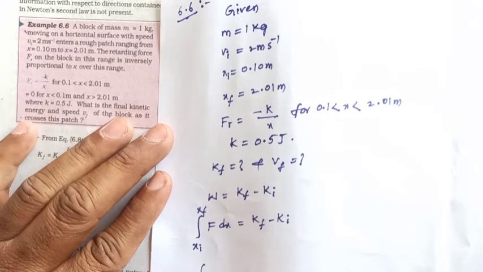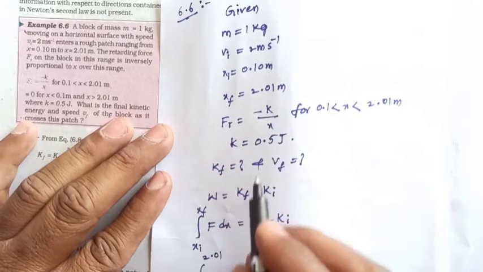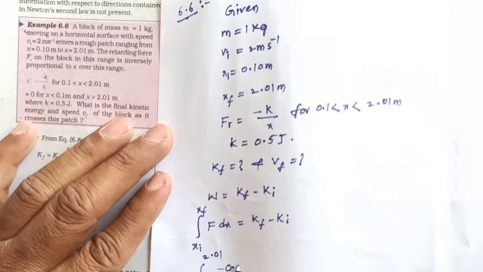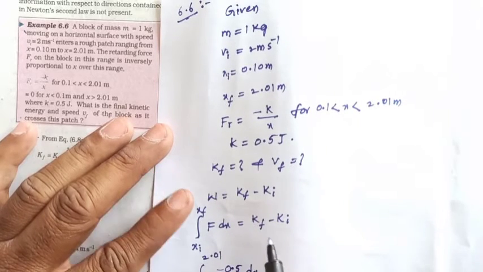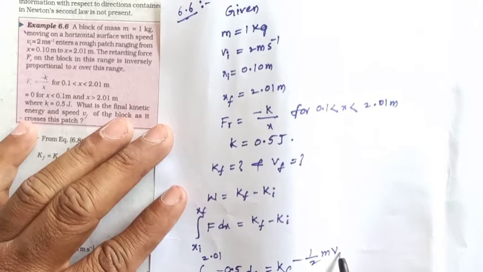The limits are 0.1 to 2.01. Fr equals minus k by x, so the integral of minus 0.5 by x dx equals Kf, the final kinetic energy, minus the initial kinetic energy, half m vi square.